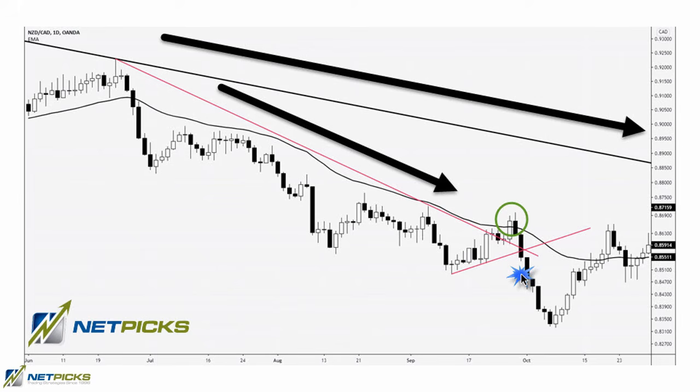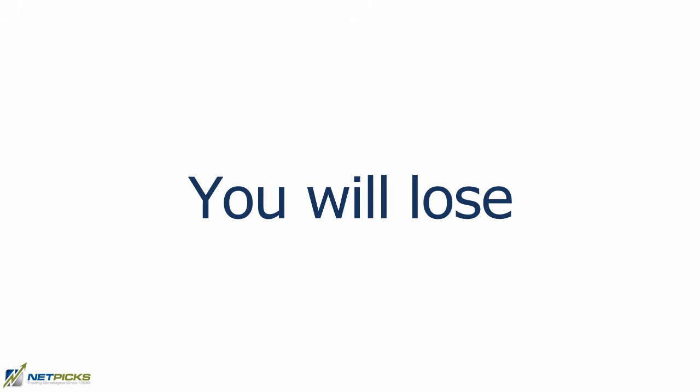And as you can see by the green circle, this is a legitimate setup. Okay, price quickly reverses short again and would cause a quick stop out. Traders, you're going to lose, and there's no way to prevent that from happening. But if we can miss some losing trades so you can get set up with a longer term trend trade, why not do that? It depends on the trader.